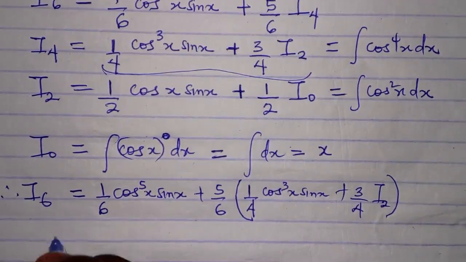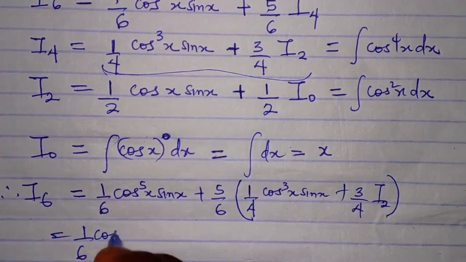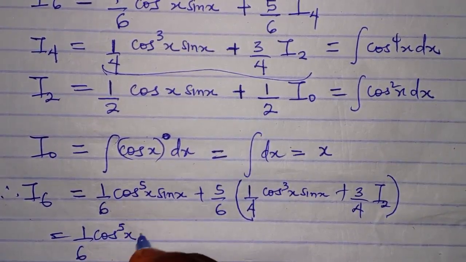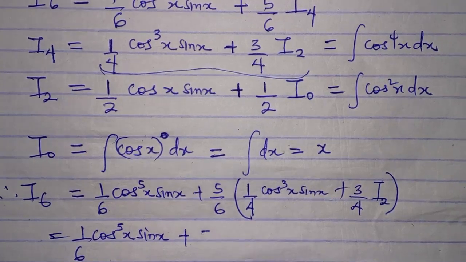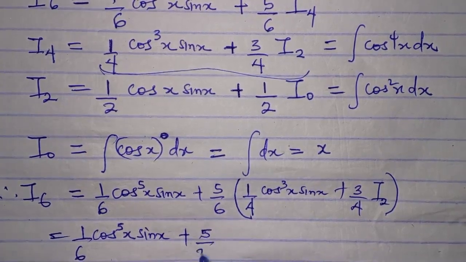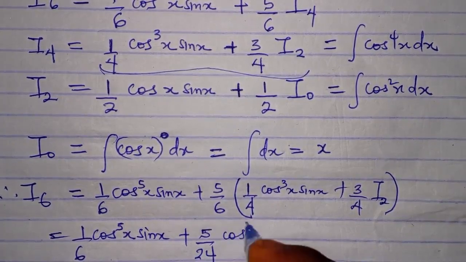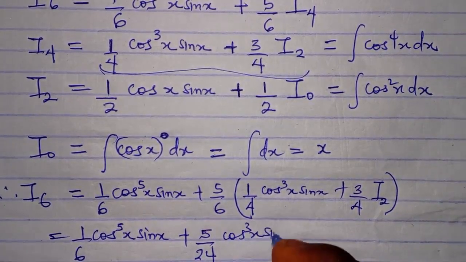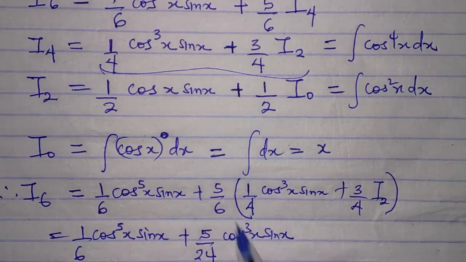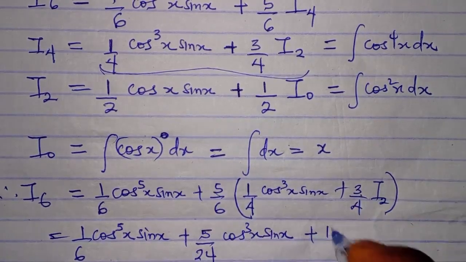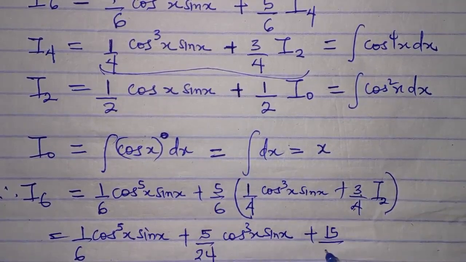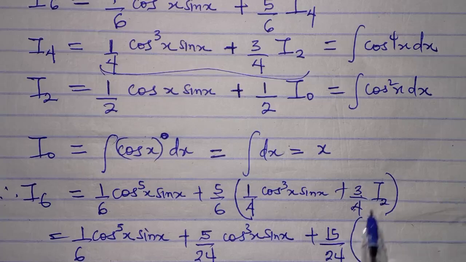We expand, we have 1 over 6 into the cosine to the fifth power of x sine x plus 5 over 6, it will be 5 over 24 cos cube x sine x. 5 times 3 is 15, 6 times 4 is 24, into I2.